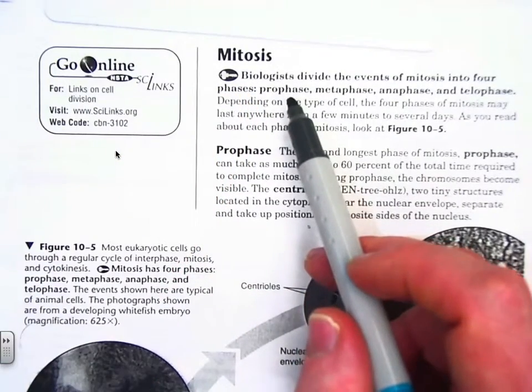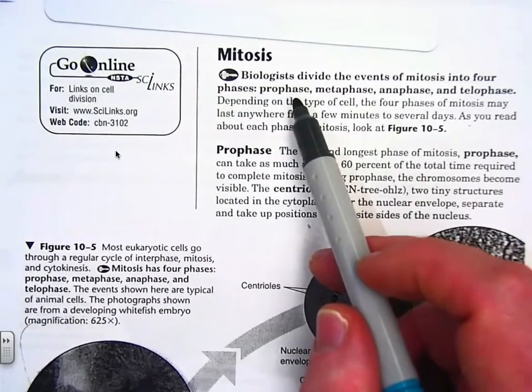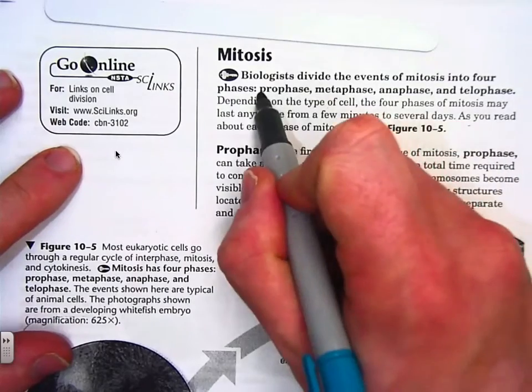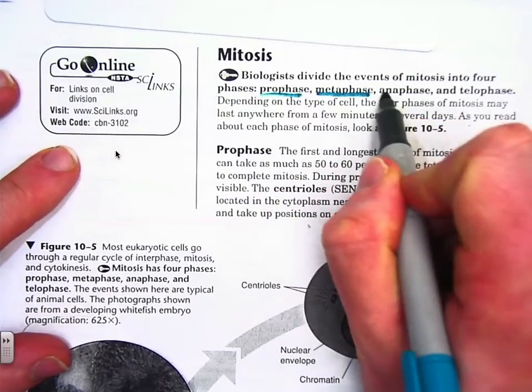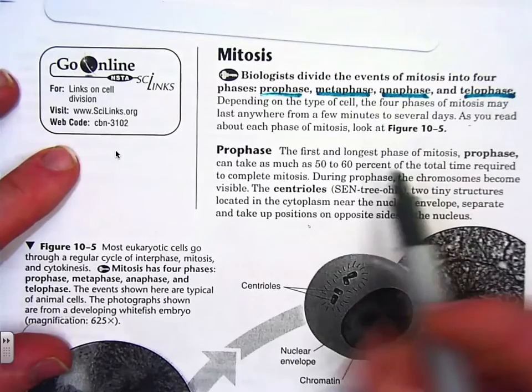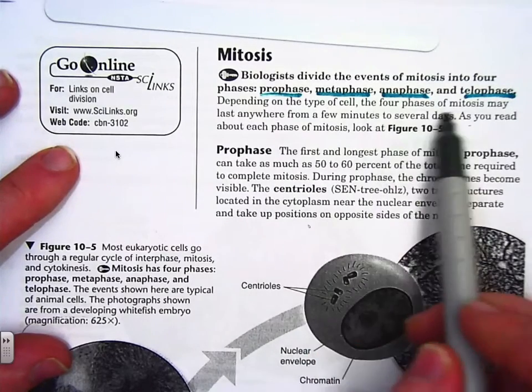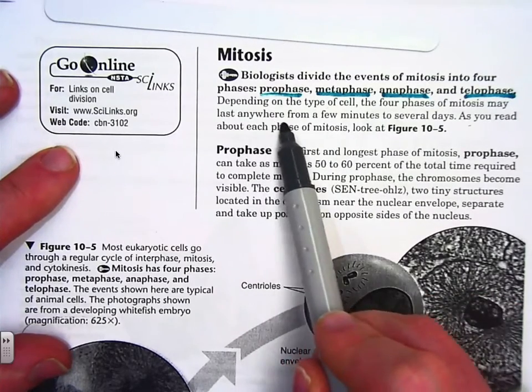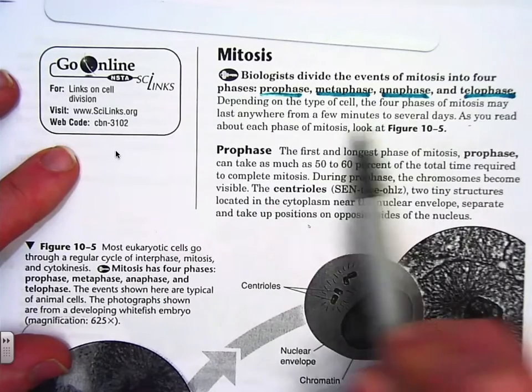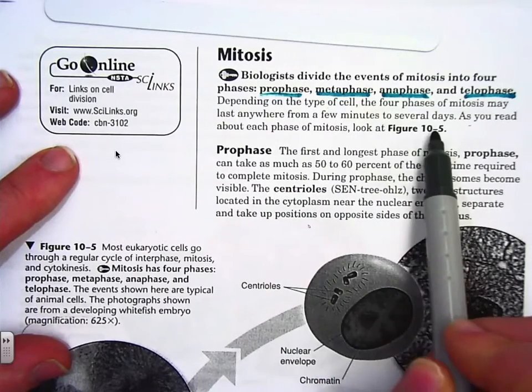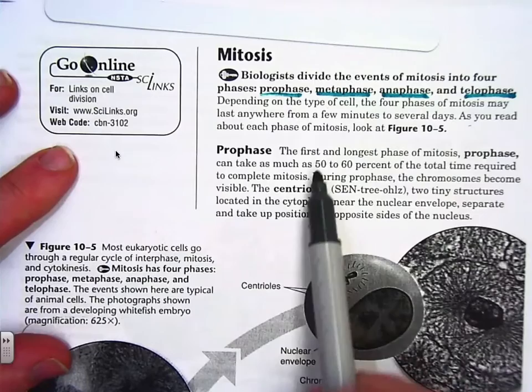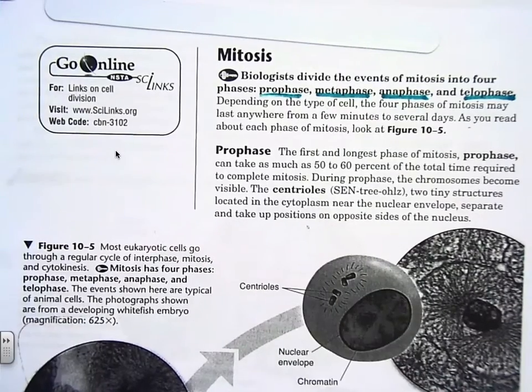Biologists divide the events of mitosis into 4 phases: prophase, metaphase, anaphase, and telophase. Depending on the type of cell, the 4 phases of mitosis may last anywhere from a few minutes to several days. As you read about each phase of mitosis, look at figure 10.5.